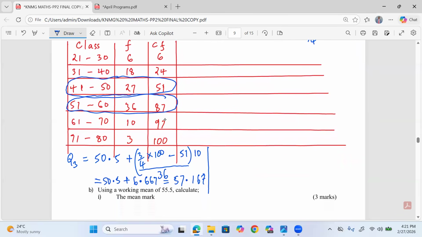So we are going to use that Q1 class now. The lower boundary of this class shall be 40 plus 41, because we are taking the lower limit here, which is 41, and the previous upper limit, which is 40, and you divide them by 2. We're getting 40.5, plus a quarter of 100 minus the cumulative frequency just before, which is 24.